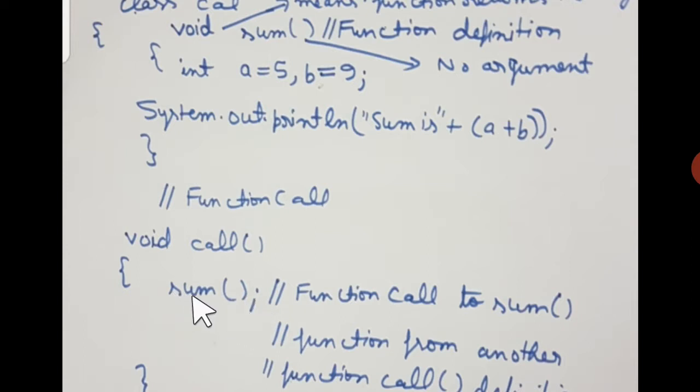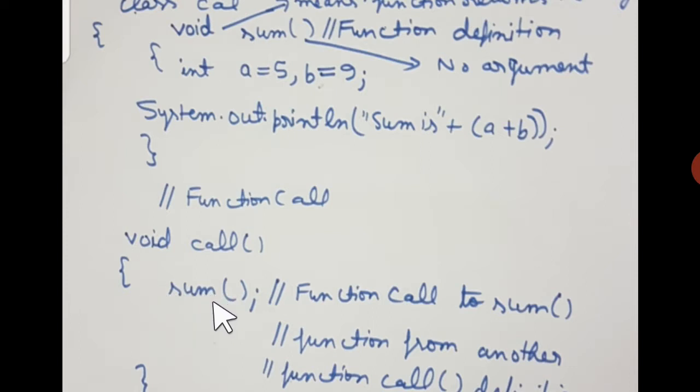So we just write the name of the function, sum, and since arguments are not there, an empty parenthesis. All right. Students, please take care of case sensitivity. If sum is given in all small letters, then here also in the sum function call, all letters or characters are going to be small.